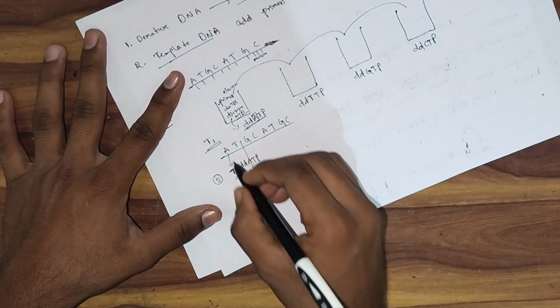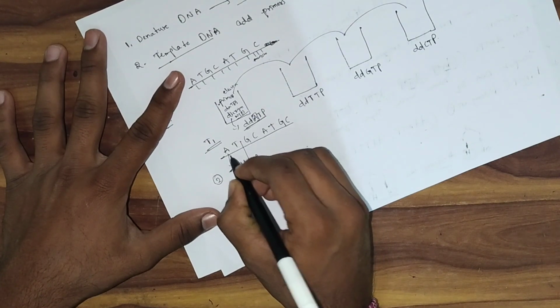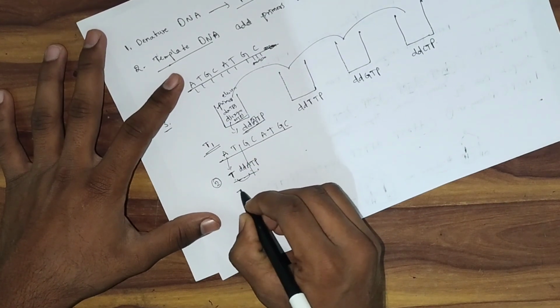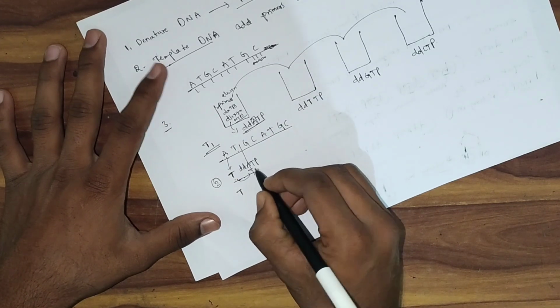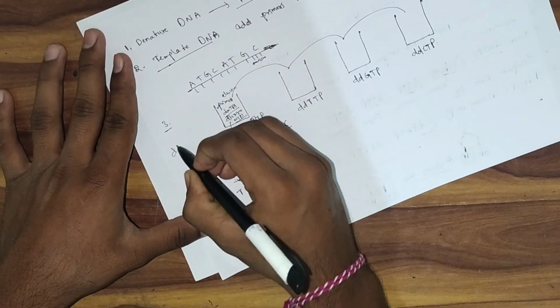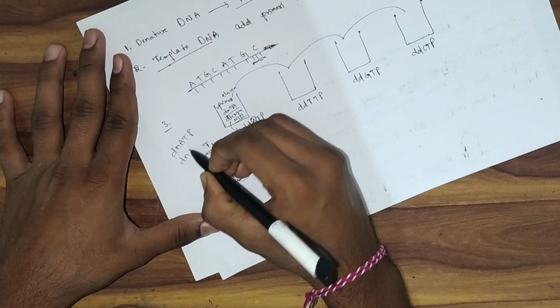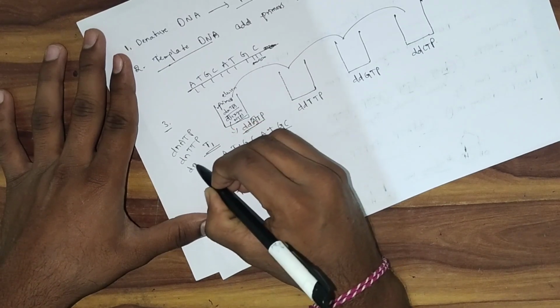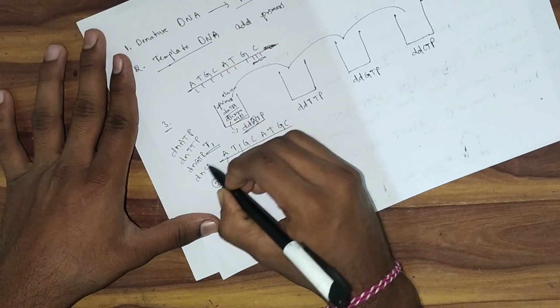Then if we take it a second time, what is complementary to adenine? It is thymine. What is complementary to thymine? It is adenine. Here we also have dNTPs: dATP, dTTP, dGTP, dCTP.